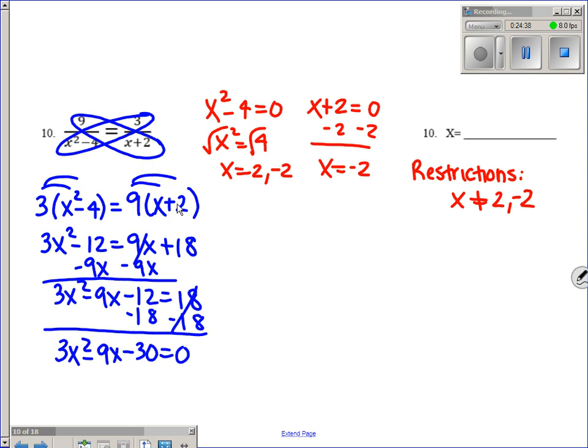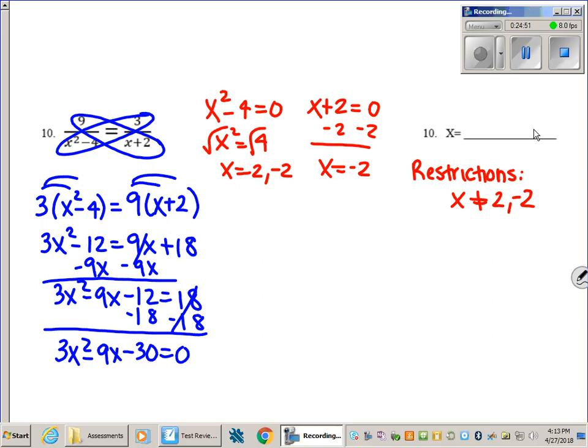Hopefully you notice this one's probably going to be a little bit harder now because we do have a trinomial. And since it's a trinomial, we are going to have to use xbox. Okay, so you also should notice that there is a GCF, so we're going to be able to pull out a GCF of 3.